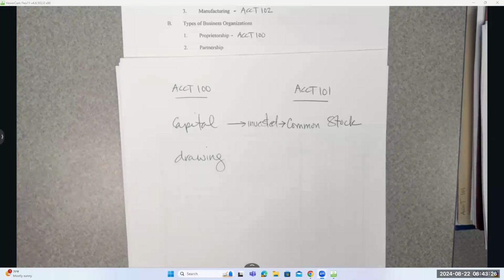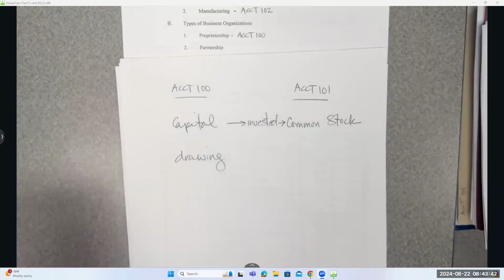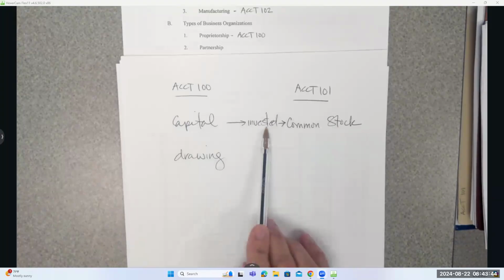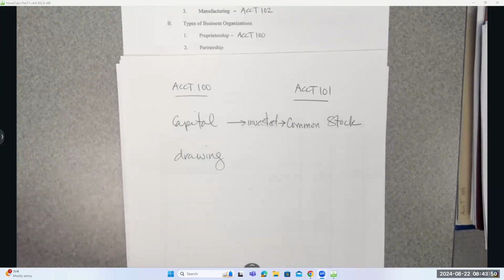It has its own rules, its own laws, its own tax return, its own tax rates. Everything is separate from the owner. So it has to be treated as a transaction as opposed to a transfer. This is transferring money from personal to business. This is the corporation selling stock to the individual and the individual purchasing stock from the corporation. So it's a completely separate transaction.